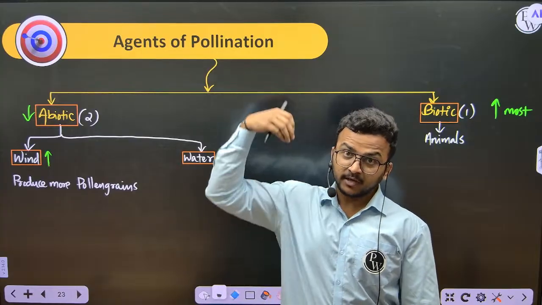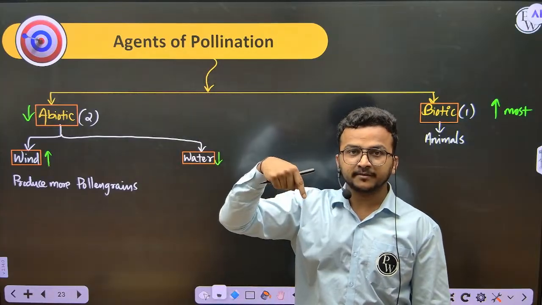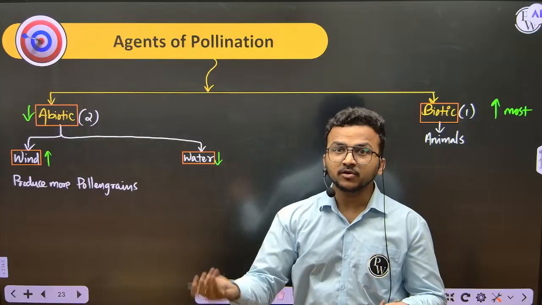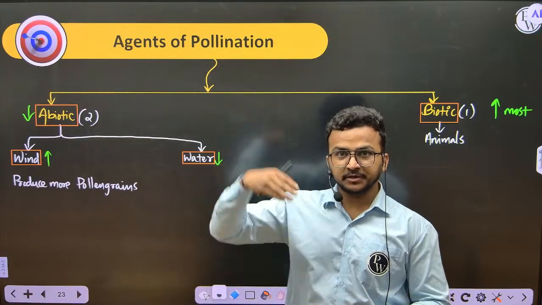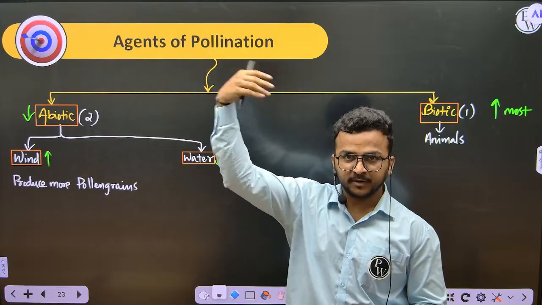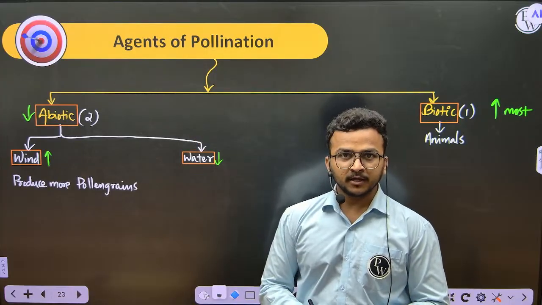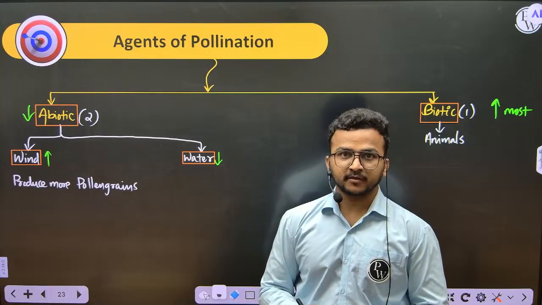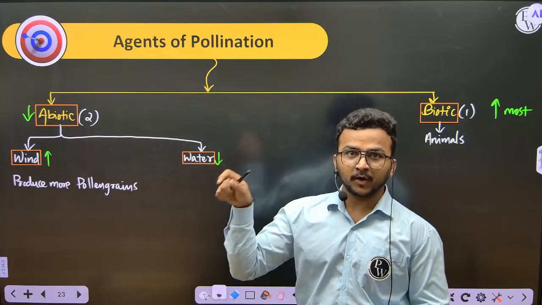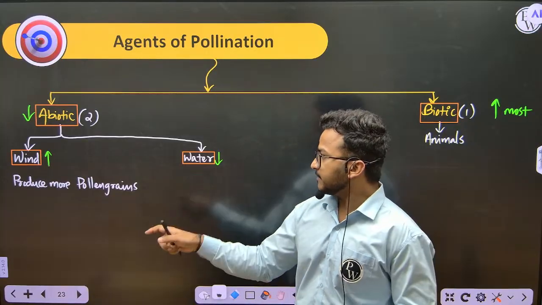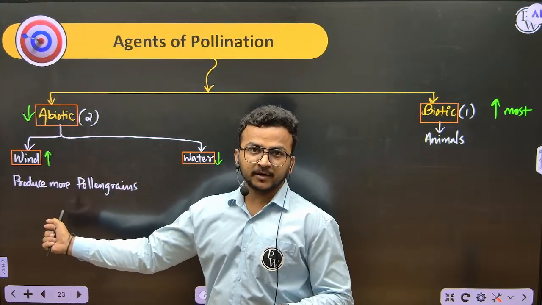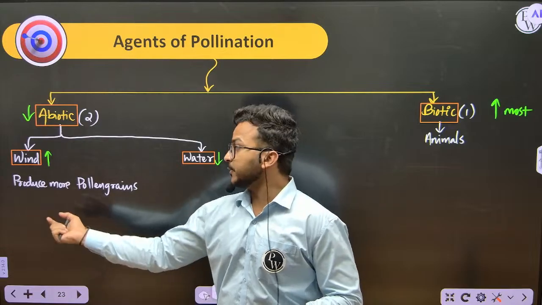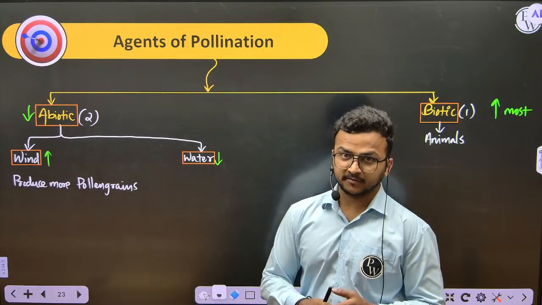To reach a plant that is far away, it has to produce more pollen grains. The chance of getting pollinated is very low, so wind pollinated plants produce more pollen grains.